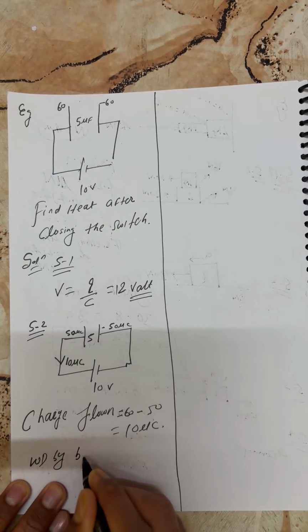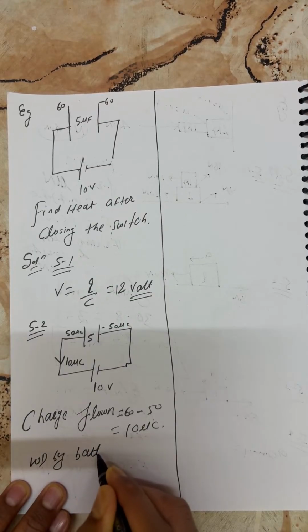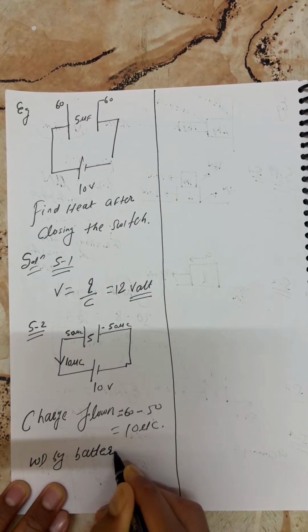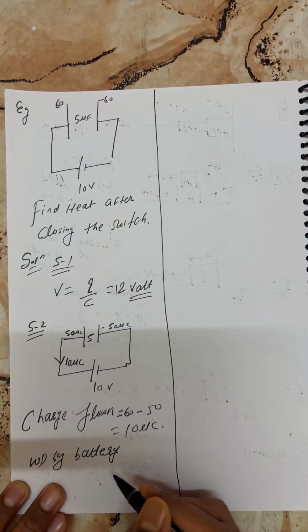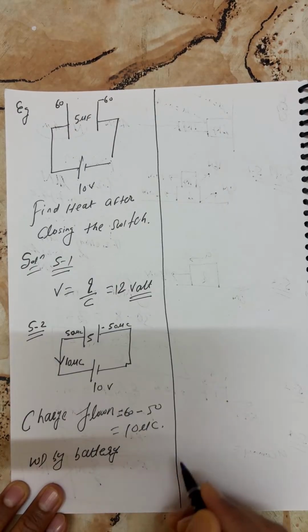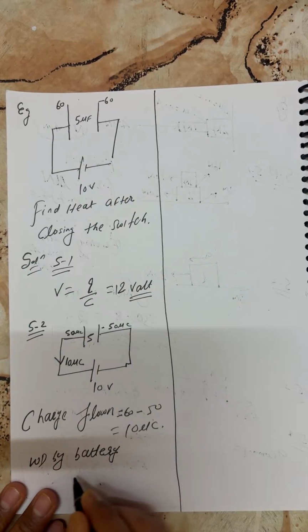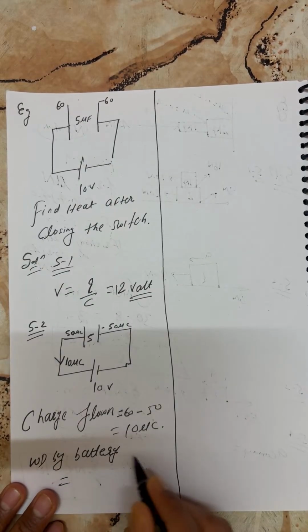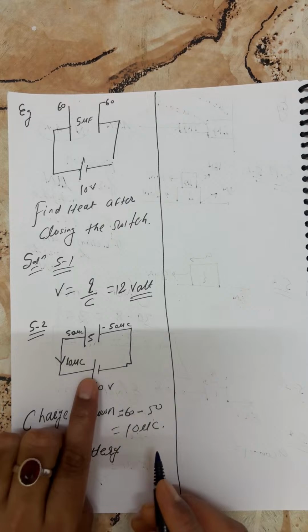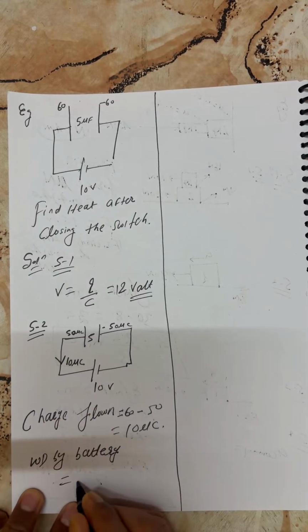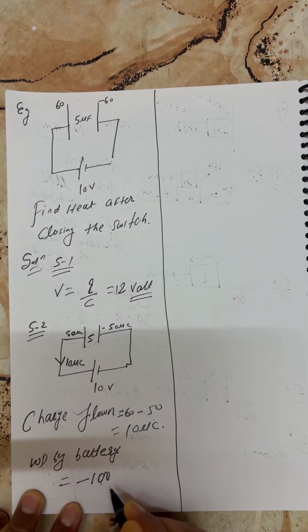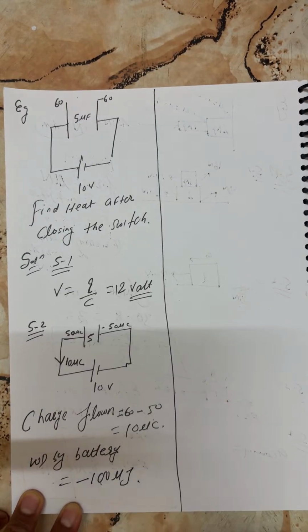Work done by battery. What is your work done by battery? Can you write in the chat box? This is QV here. But plus to minus, keep in your mind, it's minus here. It's minus 100 microjoule.